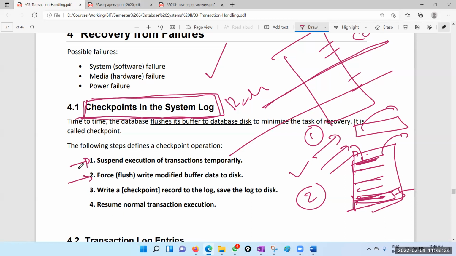Therefore, sometimes your DBMS keeps that data in memory for some time period. If it is updated again, then only you write it. Rather than accessing the file 3 times, you wait for that record to be updated again and again, and then only you write to the file.